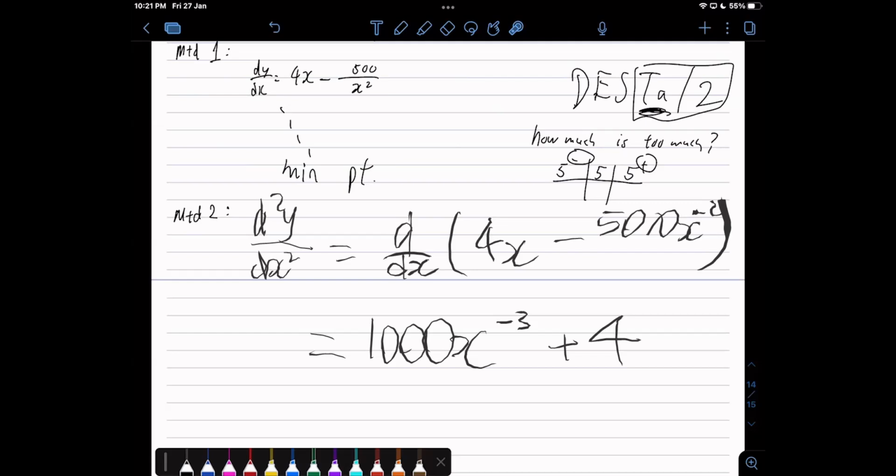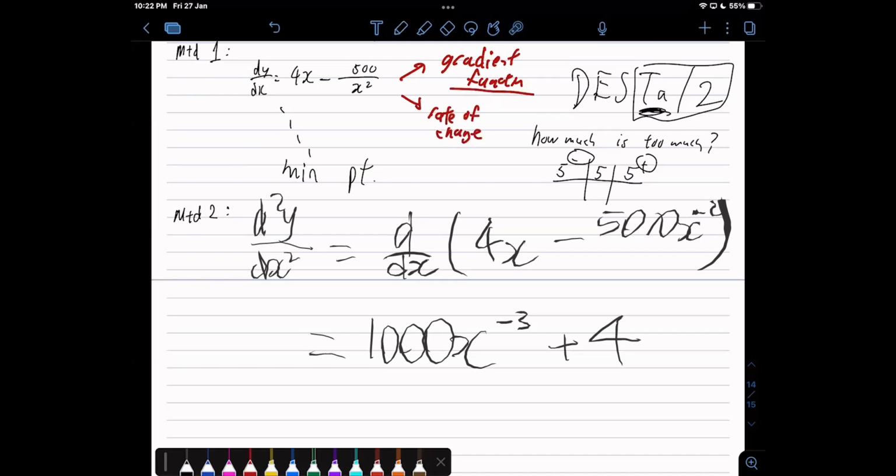The gradient function is an increasing function. Okay. The gradient function is the dy by dx. Two names are gradient function or rate of change function. I'll write this down. Gradient function is the one you need to care about right now. Rate of change function is the previous topic.